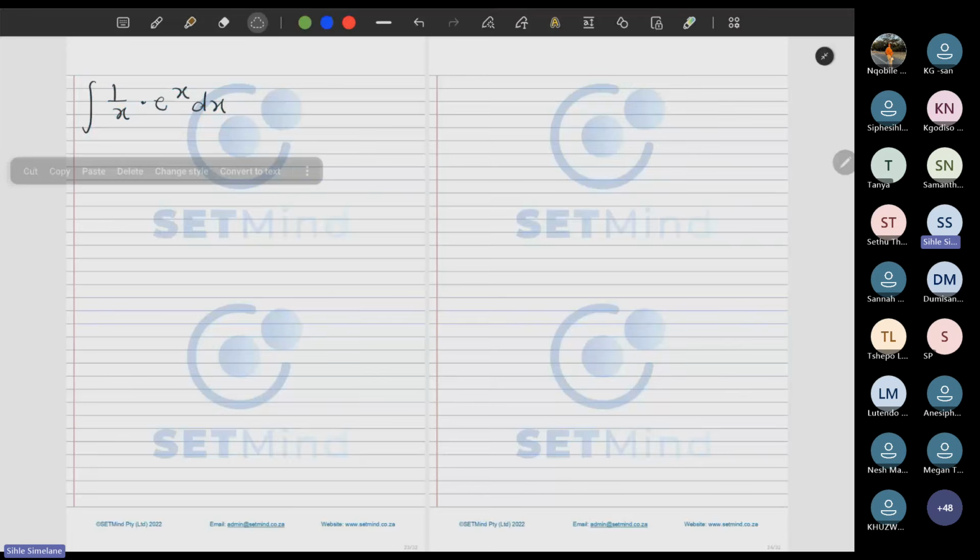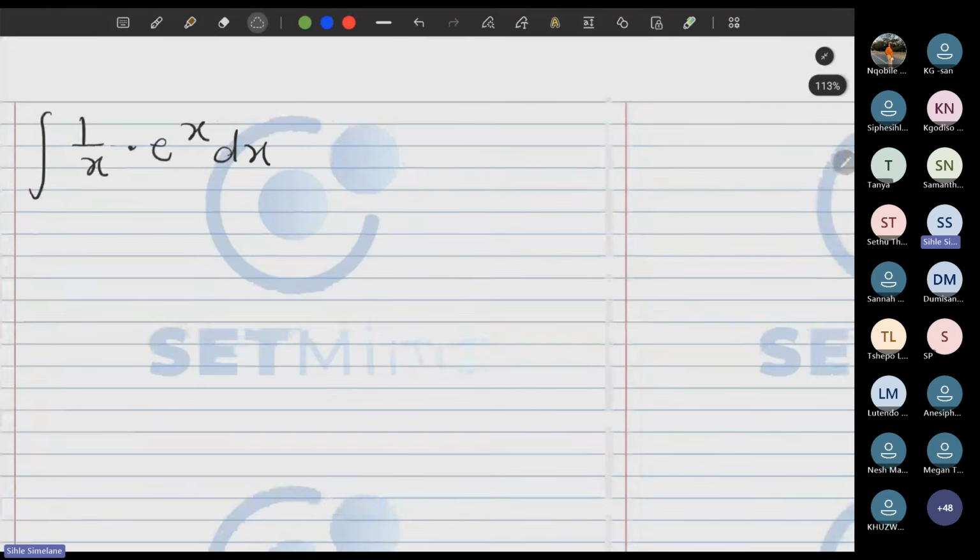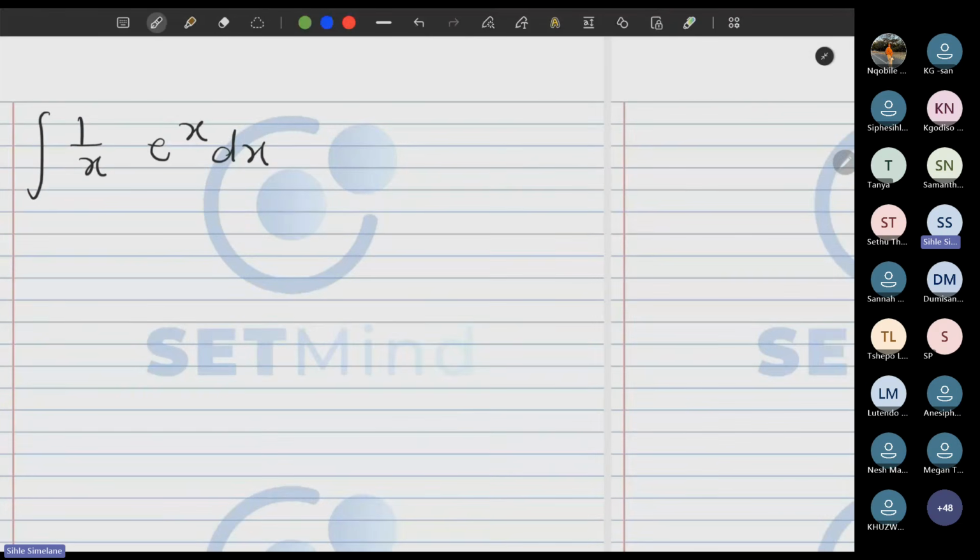How can we solve this one here? You guys have done your first year and you passed and all excited and smart. How can we solve this? I see we have a hand from Lutendo. You can go ahead. How can we solve this one?